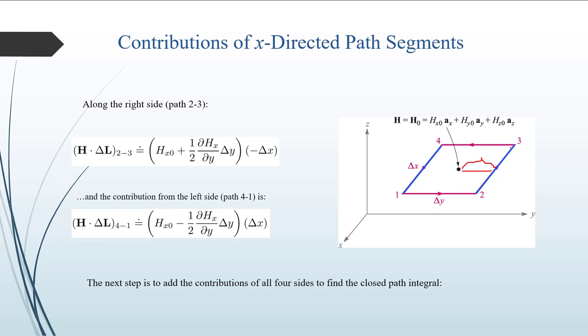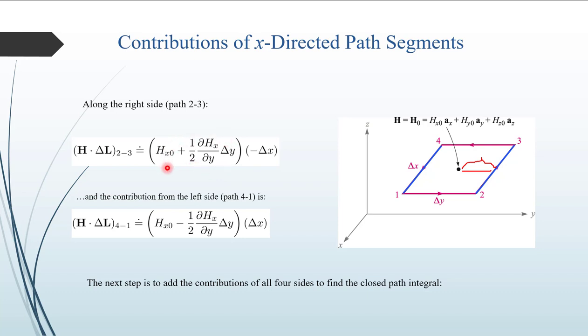So this conductor is displaced by a distance of delta y by 2. Therefore this intensity will become hx naught plus 1 half dou hx by dou y into delta y divided by 2.